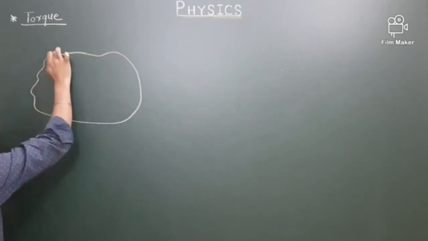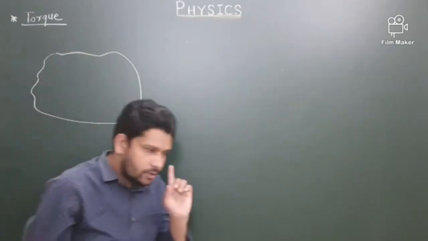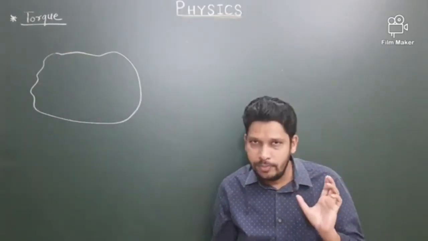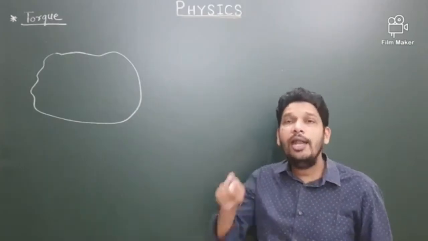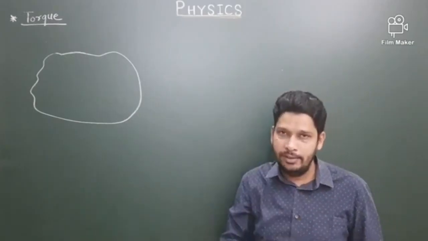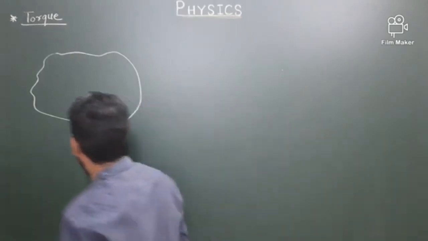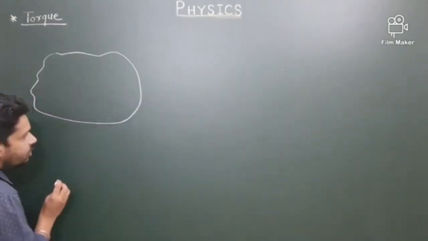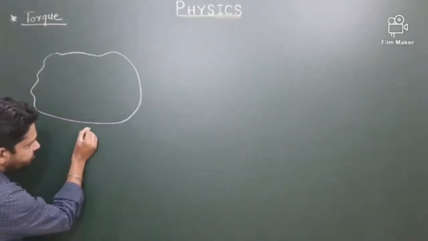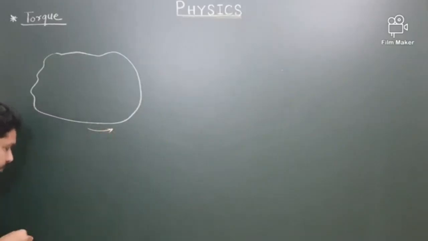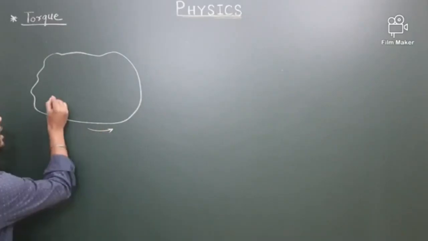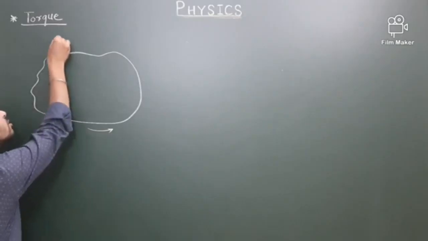So this is a rigid body. First of all, take a rigid body. Now this rigid body has n number of particles inside it, and this rigid body is rotating. When a body is rotating, there has to be an axis of rotation.